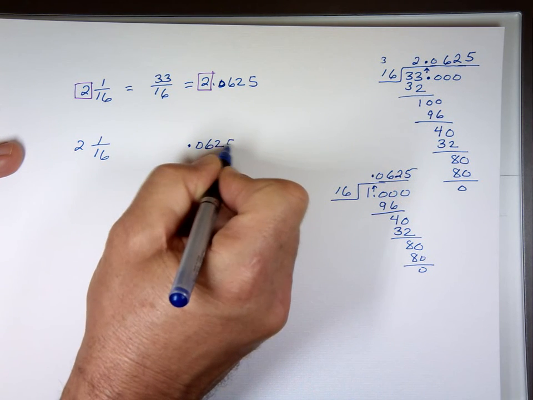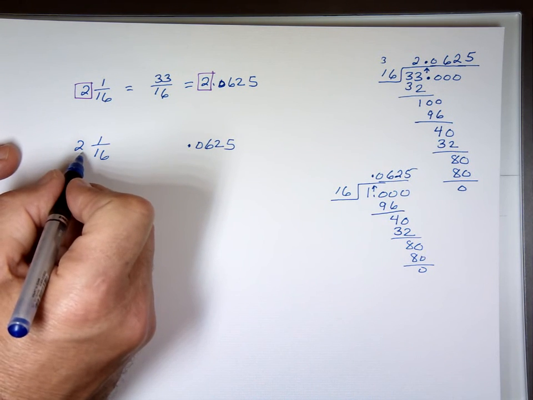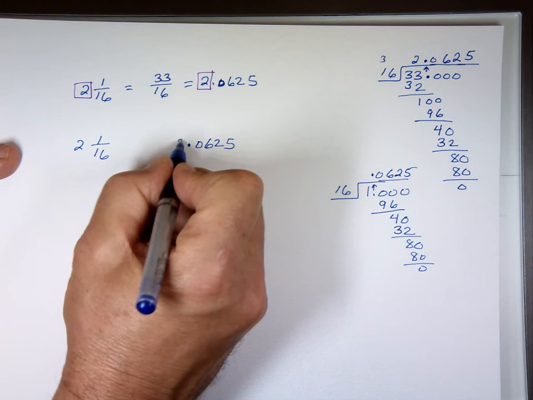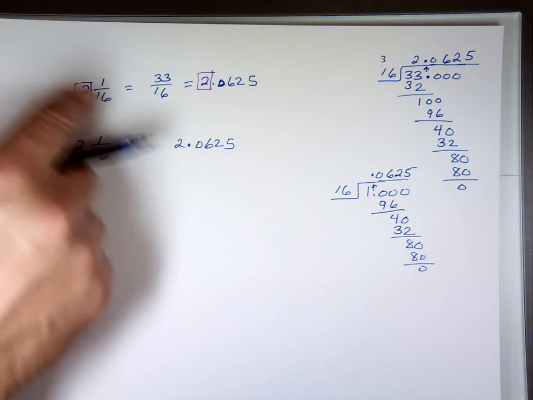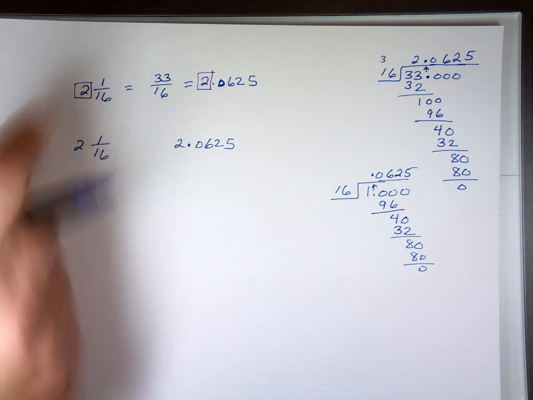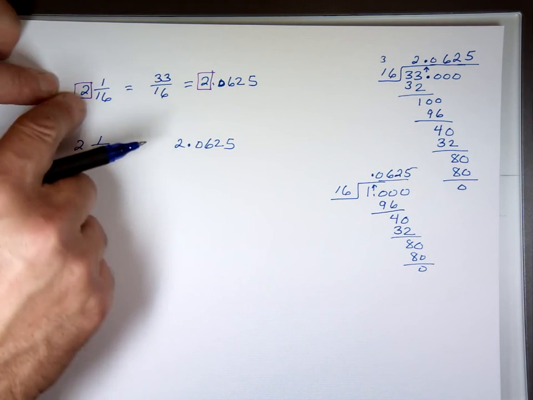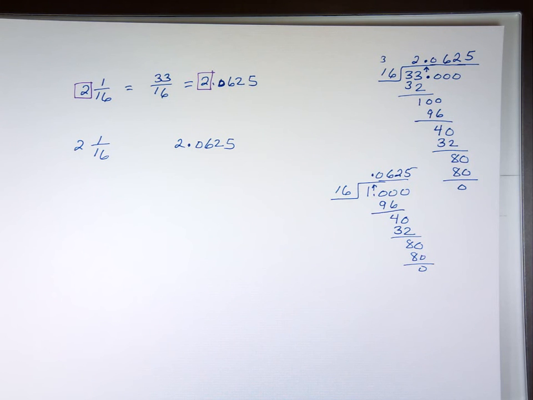And what about that 2 in the front? Just put it right here. It's 2 plus that piece. So it's 2.0625. You can do it the long way, change it to an improper fraction and divide them, or just divide this and keep that number in the front. That's much quicker.